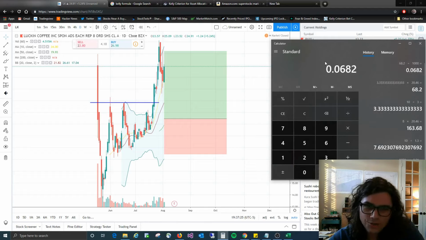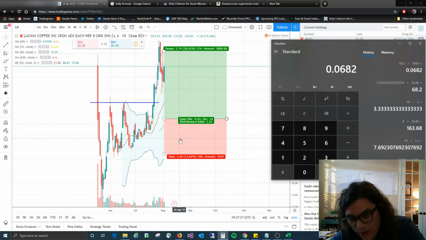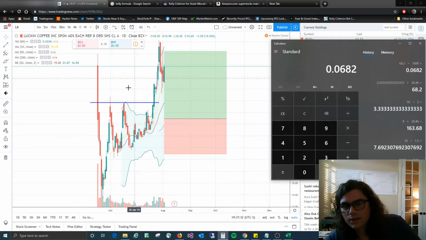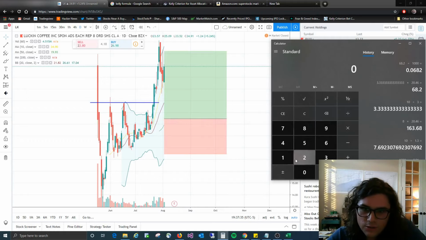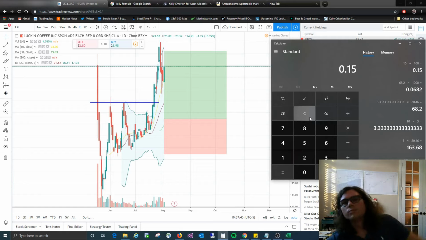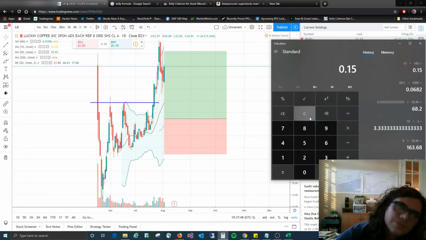I'm just showing you how diversified you'd be, whereas on the previous one, 15% of your whole account would be in this stock. For example, if you had 10% in a stock, you could have 10 of those.